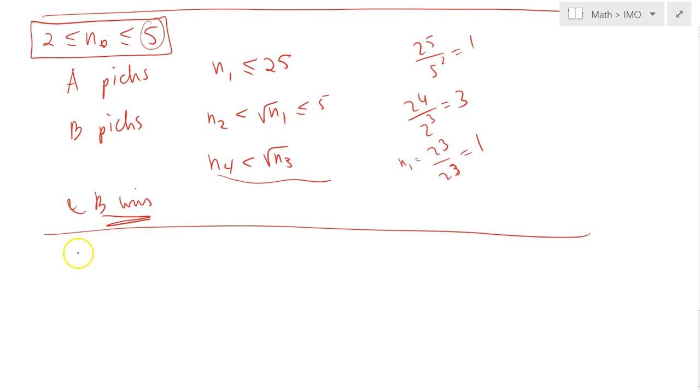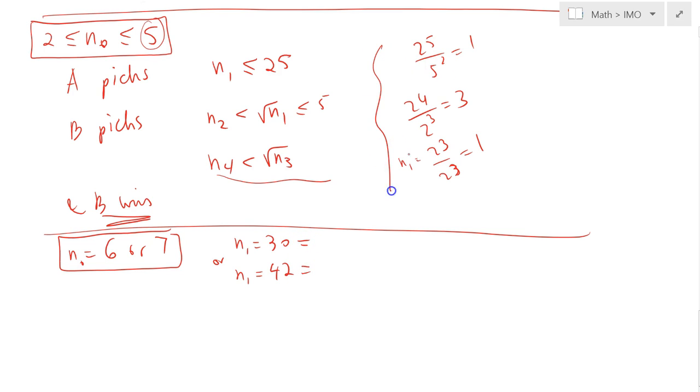Finally, what happens if n0 is equal to 6 or 7? Well, when it is 6 or 7, A will have to pick one of these two numbers, 30 or 42. Why does it do that?